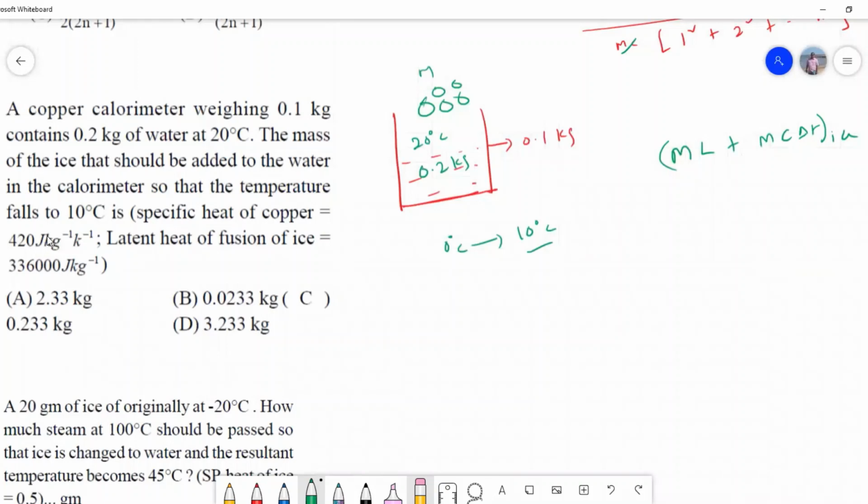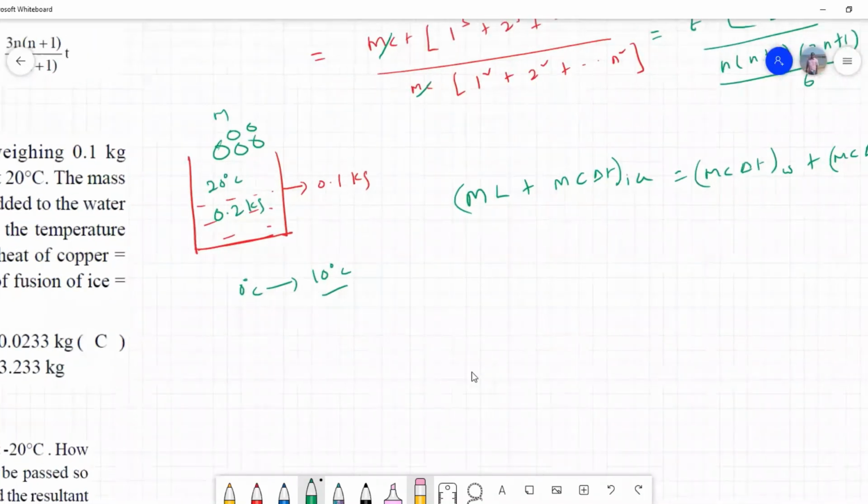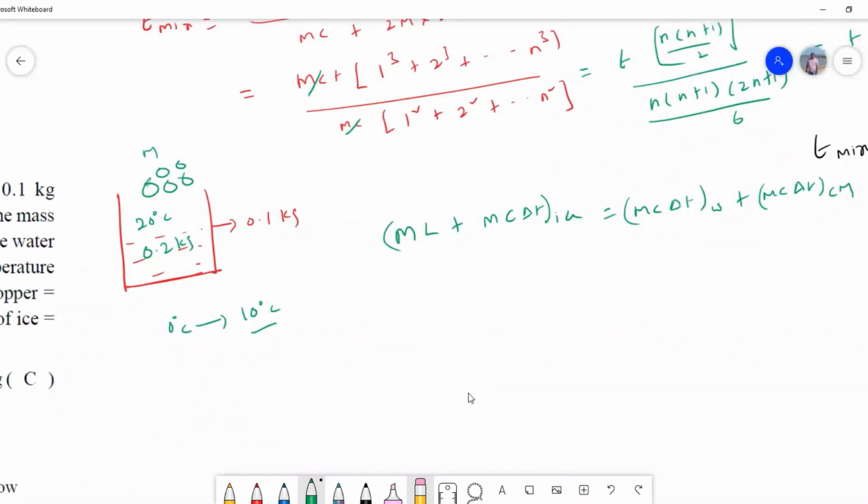So again, the units are very important. Here, if you look at, this is given in joule per kg, so we need to convert into joule per kg only. So we don't know the mass of ice. We know latent heat of ice is 80 calorie per gram.